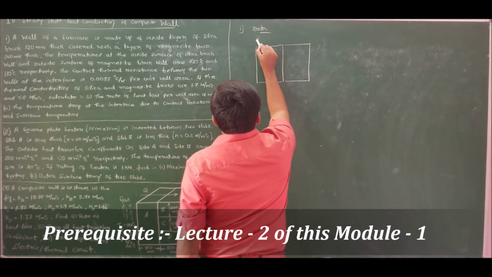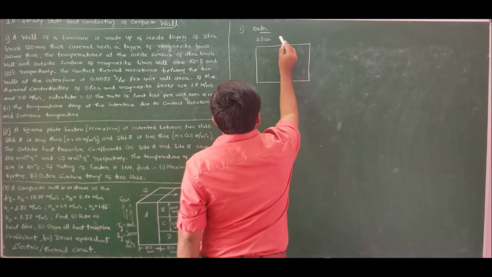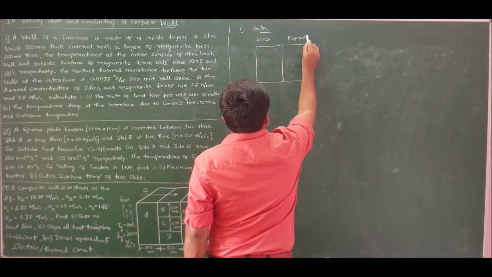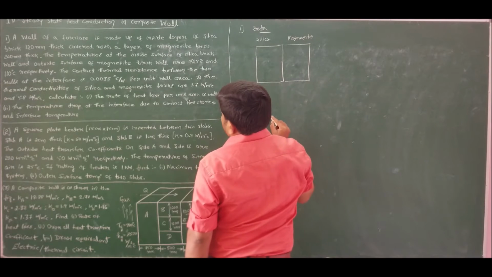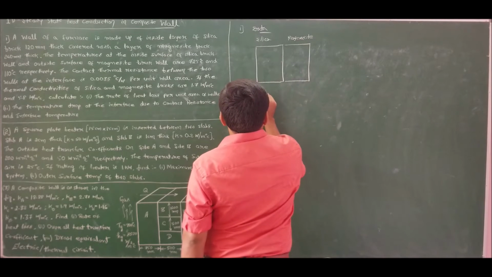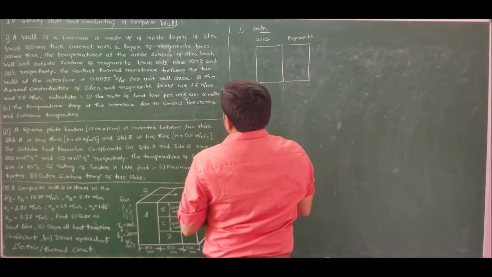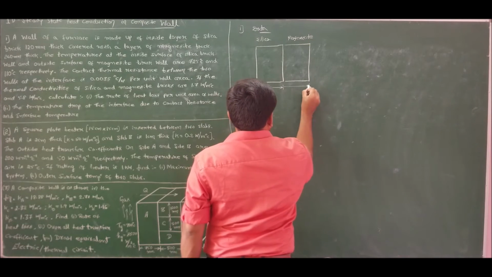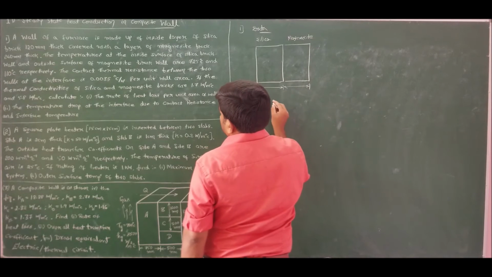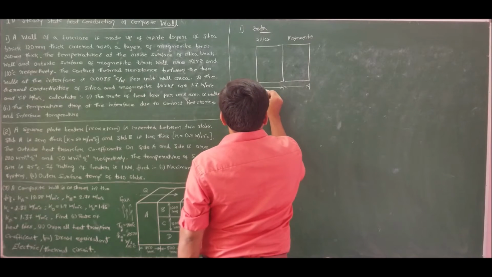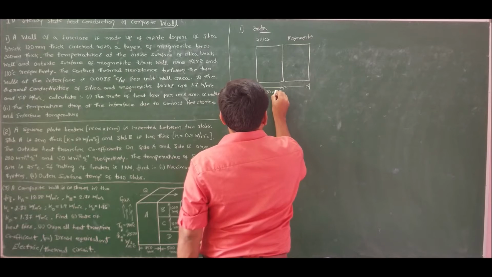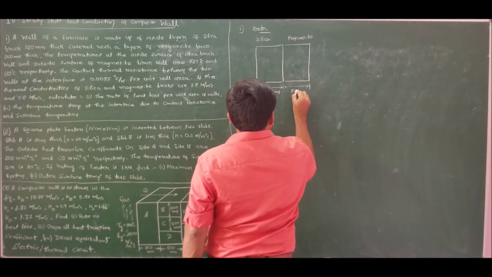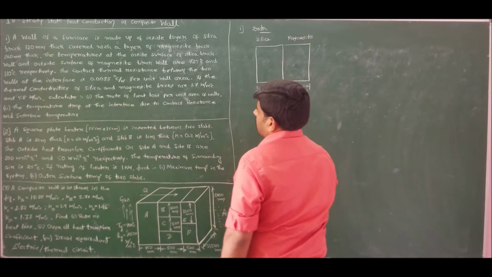So we have silica brick and magnesite brick. Their thicknesses are given to us. The silica brick is 120 mm thick, whereas the magnesite is 240 mm thick.